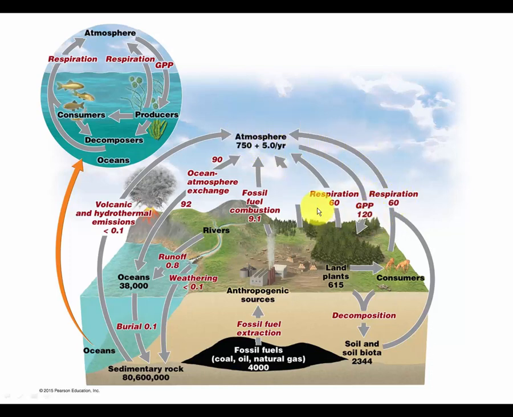And so actually these numbers should not be equal. There are a couple billion tons of carbon that are taking the trip from the atmosphere to the plants each year and not going back up. In other words, the net uptake of carbon by the world's plants is greater than the amount that's being re-released from living communities.